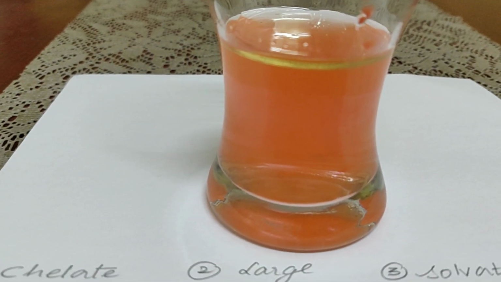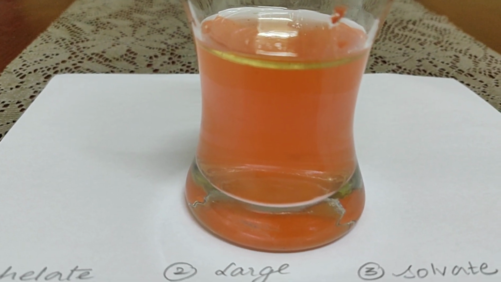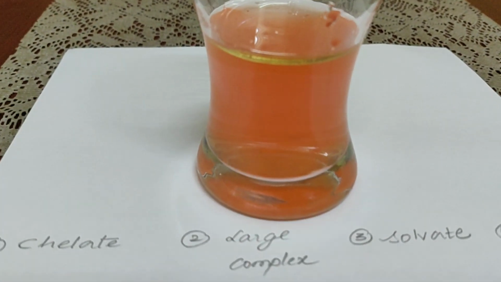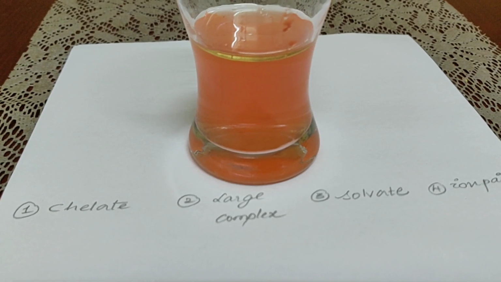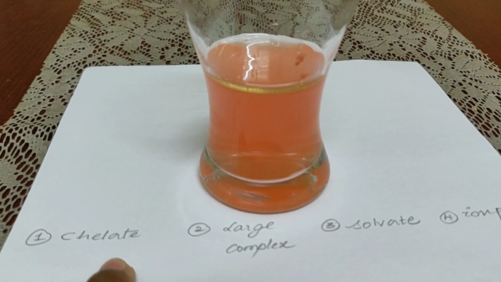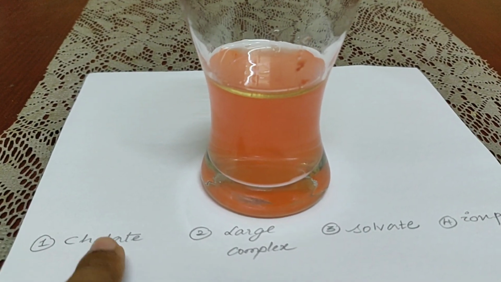Now there are different methods by which we can extract this solute from the aqueous layer into the organic layer. We can use a chelate, that is a ligand which attaches like the claws of a crab.